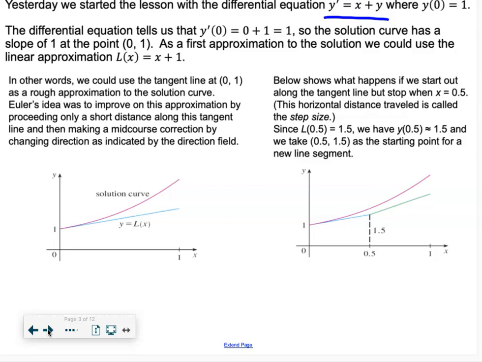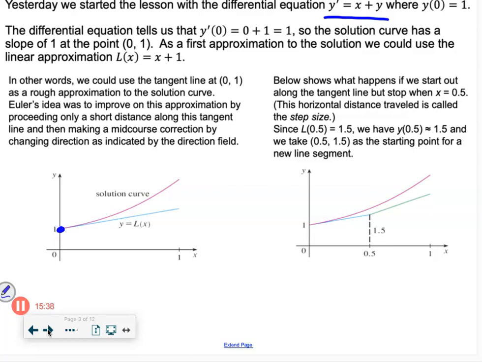All right, so Euler said, whenever you have a differential equation, you always have at least a point. There has to be at least one piece of data that you know, or otherwise, why do you even have the differential equation? So in this case, we have the point 0, 1.